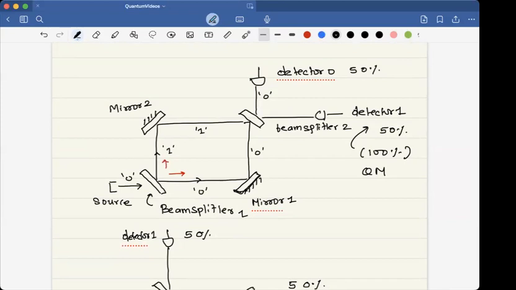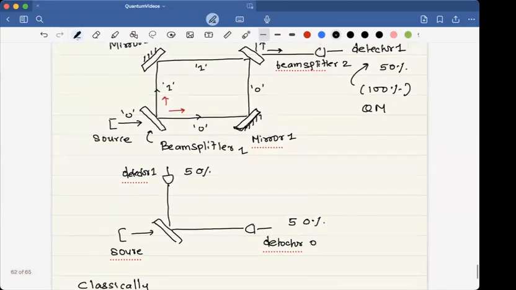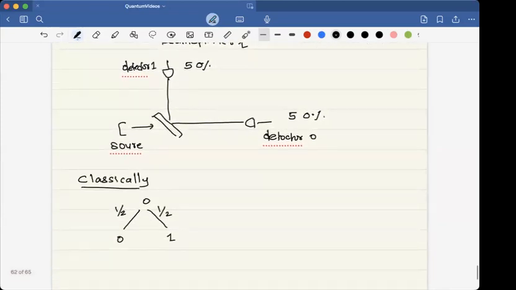I can again go from path 0 to path 1, and that can be described on the second level of the tree. From path 0, I can go to 0 or 1 with probability half. And if I enter the beam splitter in path 1, then I can also go from 1 to 0 or 1.